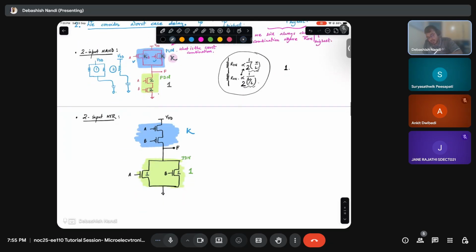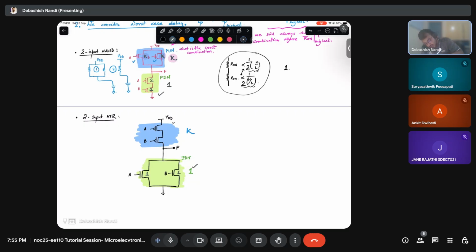Whereas in the previous case, I was sizing the transistor as 2 2, because then my worst case is when both transistors are on, right? In this case, I will size my transistor in such a way that when one transistor is on, that should give me the overall delay of the PDN or pull down network.